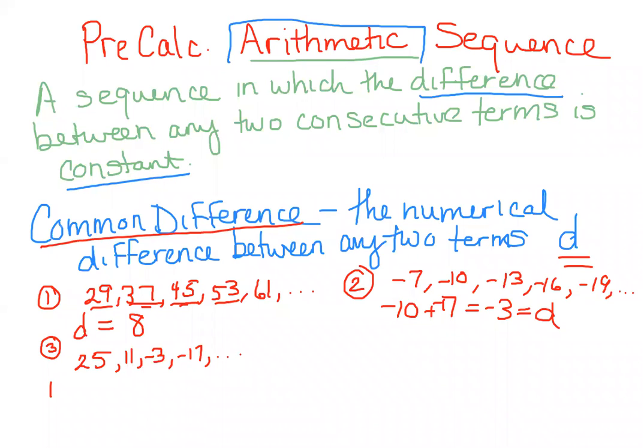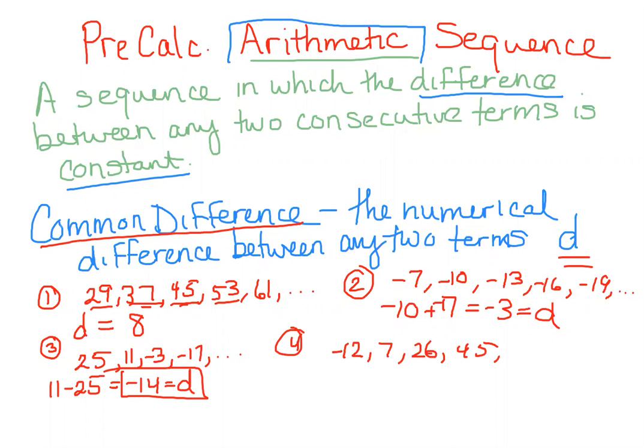If we take 11 minus 25, we get -14, which is D for number 3. And number 4, if we take 7 minus -12, we get 19. So that is D for this one.